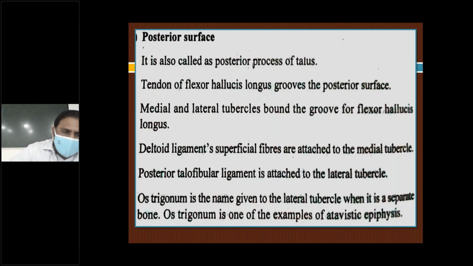Trigonum is the name given to the lateral tubercle when it is a separate bone, the os trigonum, which is one example of a distinct epiphysis.